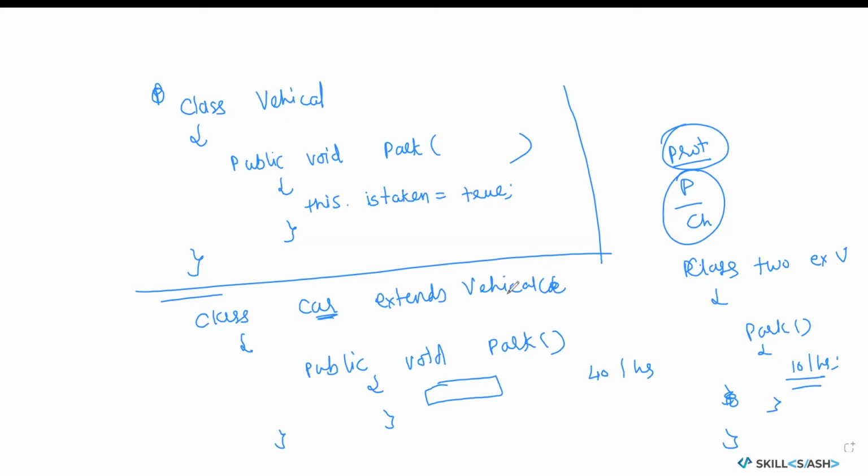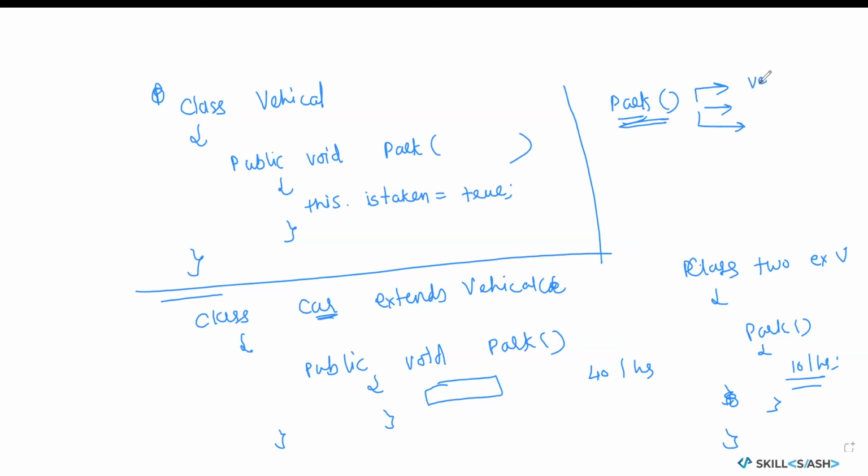Then, if you see in this whole scenario, your park method has taken three forms: in the form of Vehicle, in the form of Car, and in the form of TwoWheeler. All those are valid ones. How to use them, we'll see.